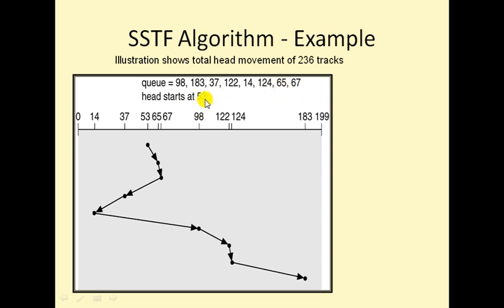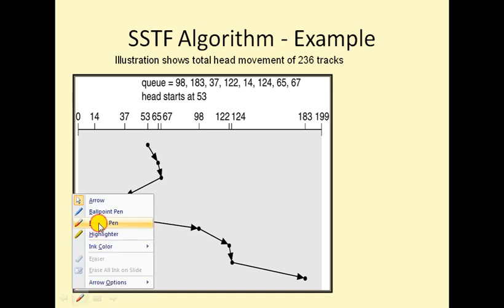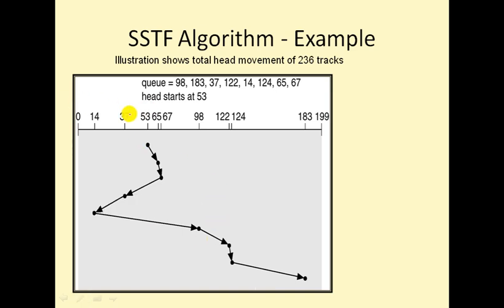Programmatically, for each move we subtract 53 from all the track numbers available in the queue, find the minimum value, and move to that track only. So here 53 is the starting position and the minimum distance from 53 is to 65. So 53 to 65 is my first move.